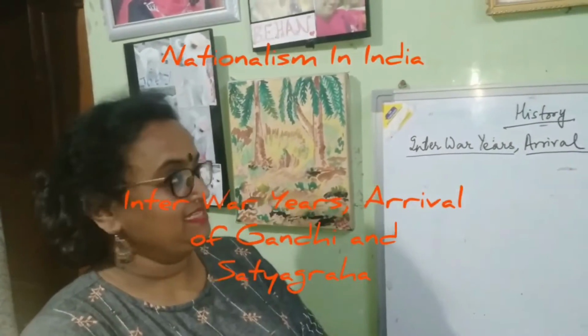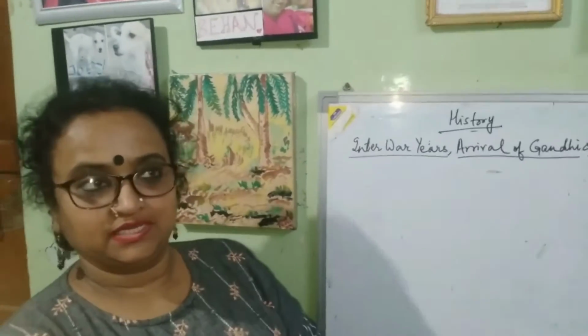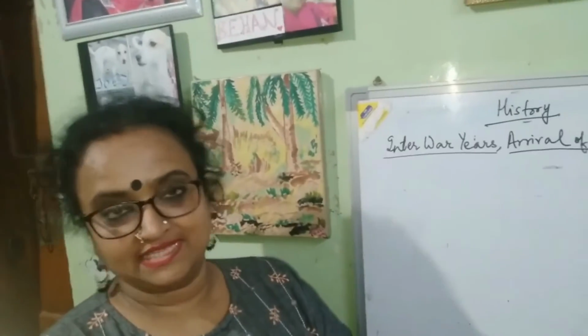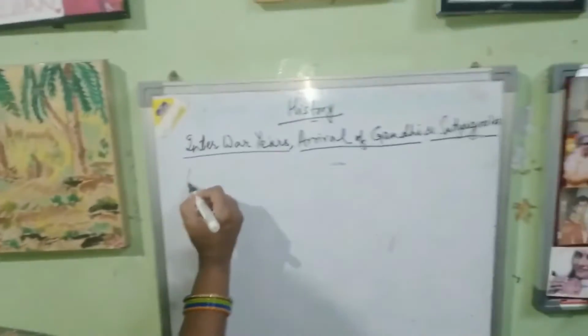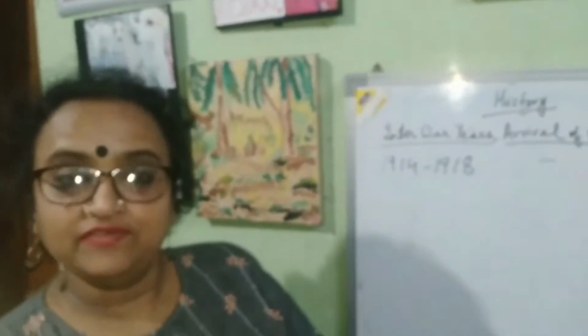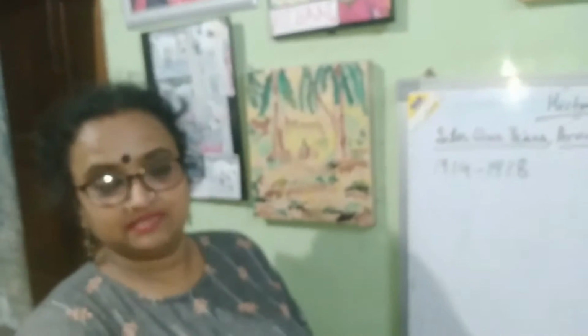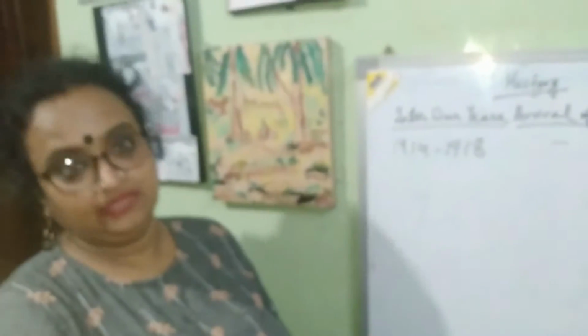Hi again. In my previous video, I told you about the problems that Indians faced in the interwar years. Interwar years means 1914 to 1918. When the First World War began and Britain joined it, they forced the Indian crew also to join the same.